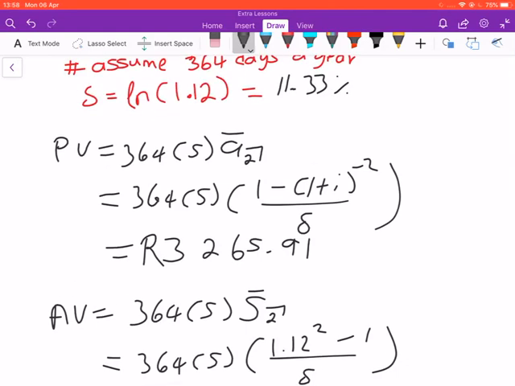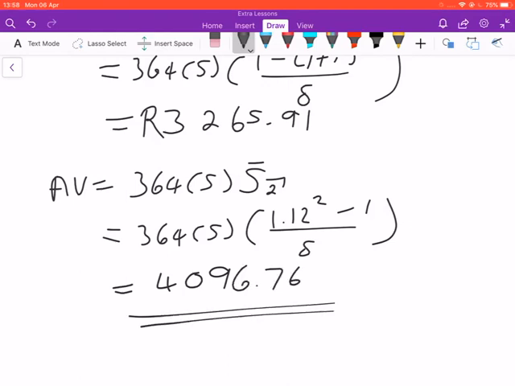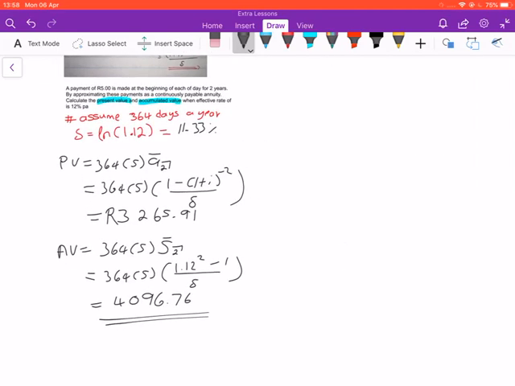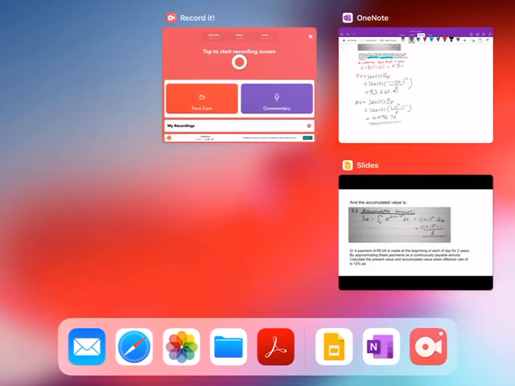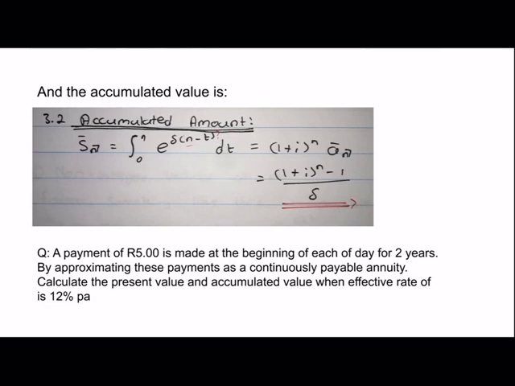That's 11.33%, and that would give you 4,096 and 76 cents. So those are your answers. So look at it carefully and see how it's done. Again, I will do a lot of questions to help you understand these things.